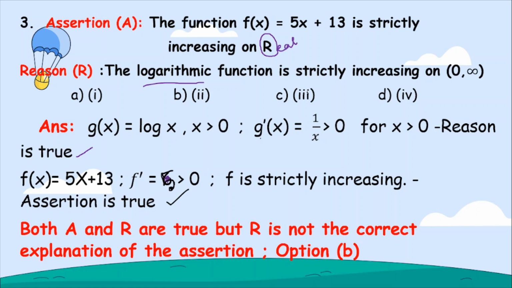The reason is not explaining the assertion because the logarithmic function is different, the linear function is different. It is not explaining each other. So the CUTE rule is not followed between A and R. So we go for option B, which says that A and R are true, but R is not the correct explanation of the A.